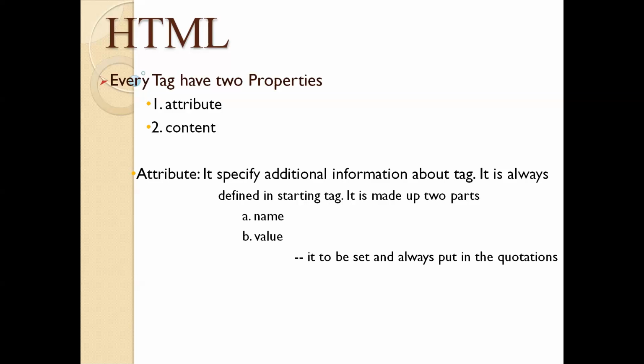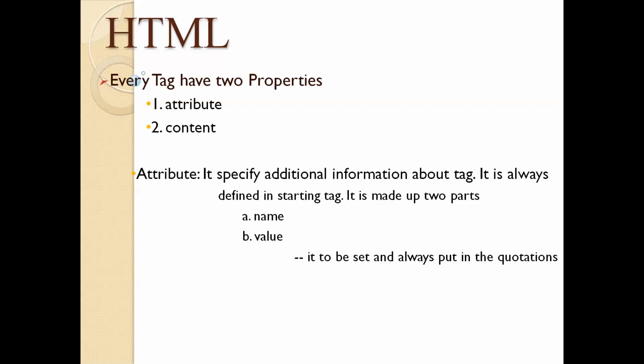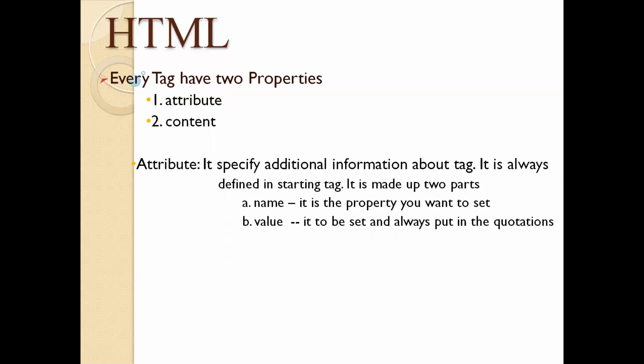So the name of the attribute will be written openly, but the value of the attribute should be represented in double quotations. So name is the property and then value is the amount of that property, right? Next one.